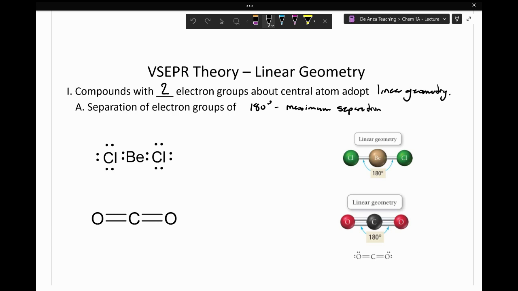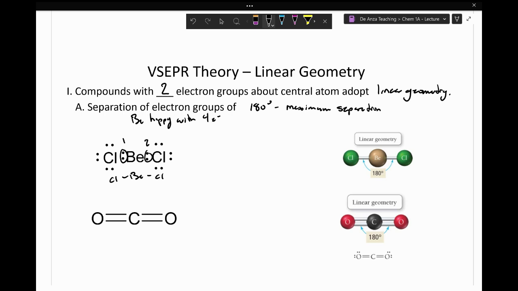One is beryllium chloride, which, similar to boron, beryllium actually is happy with fewer than 8 electrons. Beryllium is happy with 4 electrons. If we look at beryllium chloride, we can also draw it like this. It has 2 bonds it's forming, this one right here and this one right here.